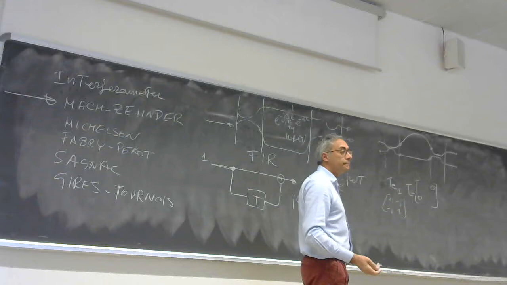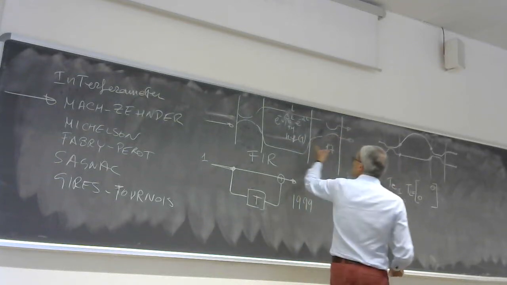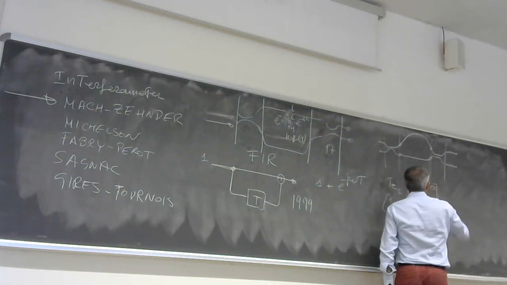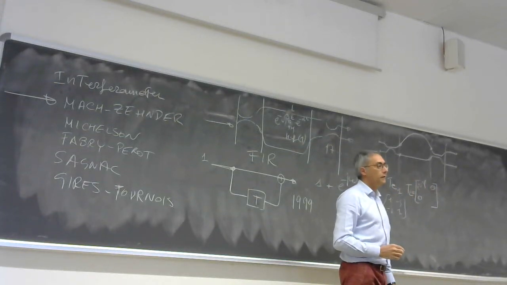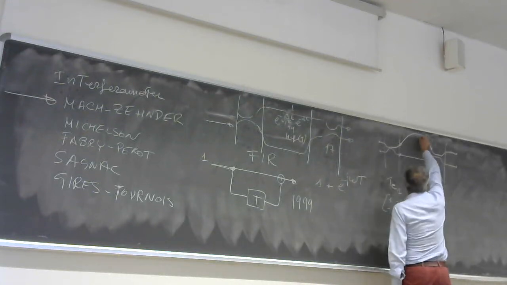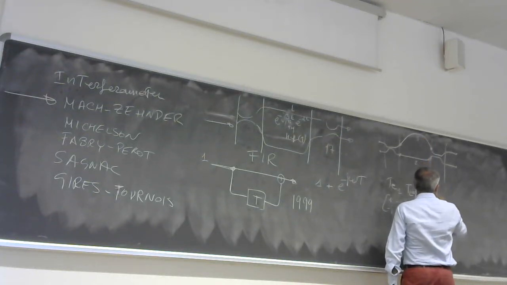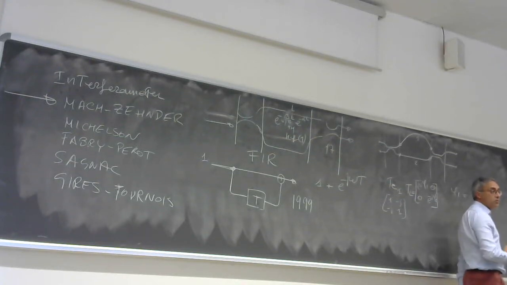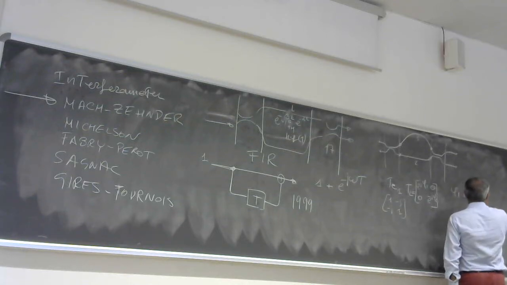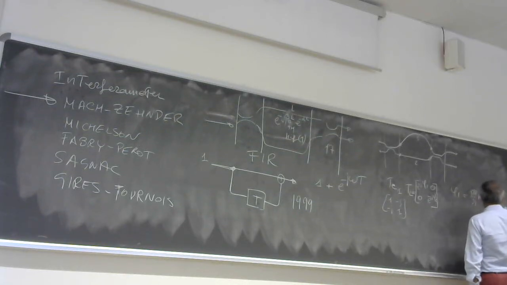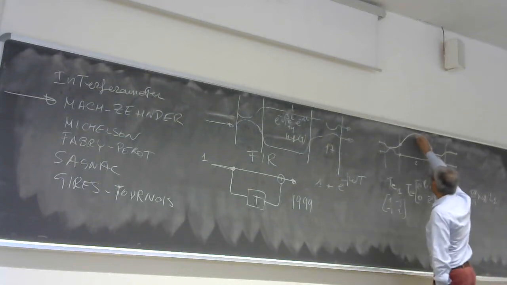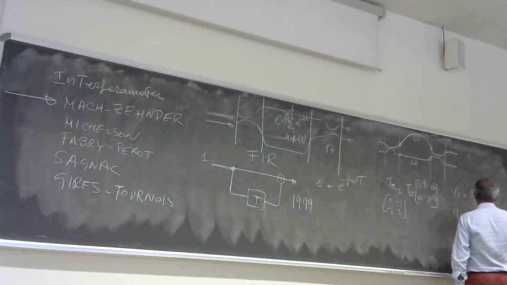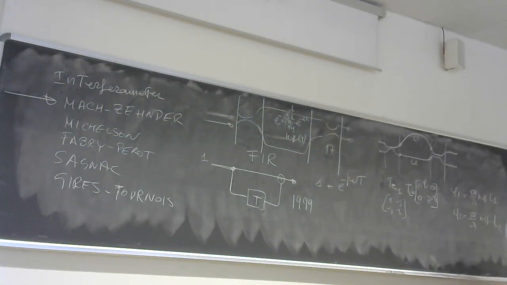And the other two? It's already written here. Let's say phi 1, phi 2. Phi 1 is the phase induced in the upper arm, so 2 pi divided by lambda, effective index, the length of the upper arm, and phi 2, 2 pi divided by lambda, effective index, and length of the lower waveguide.